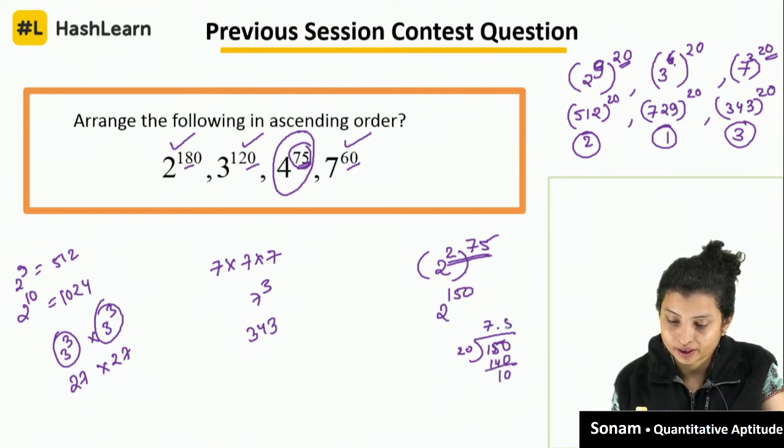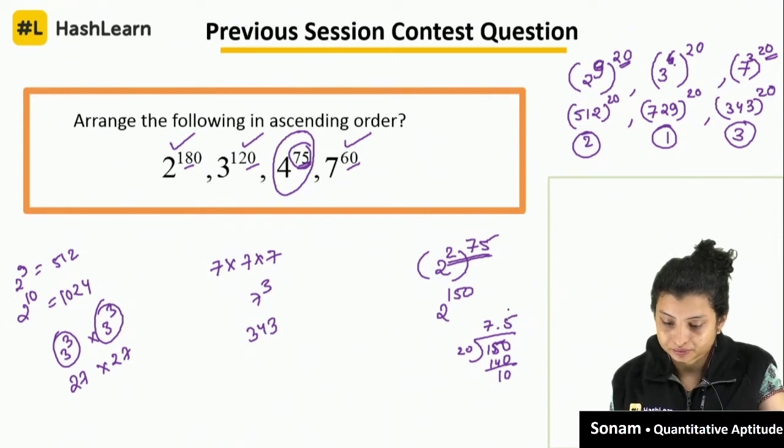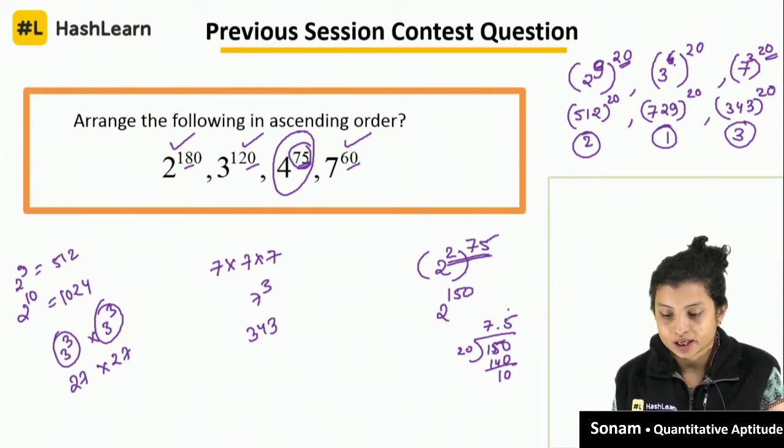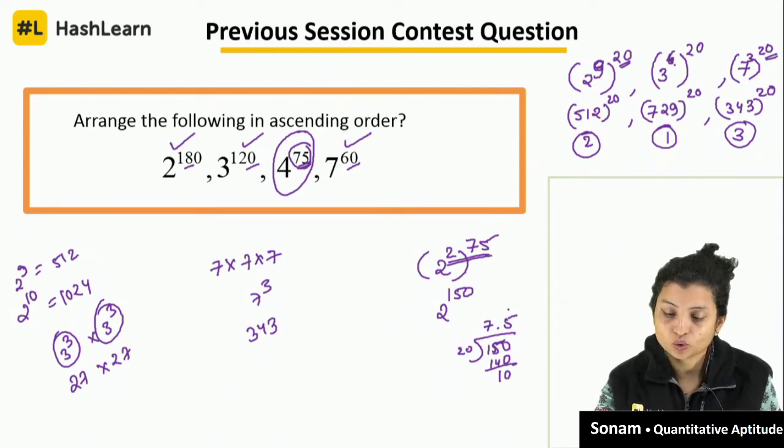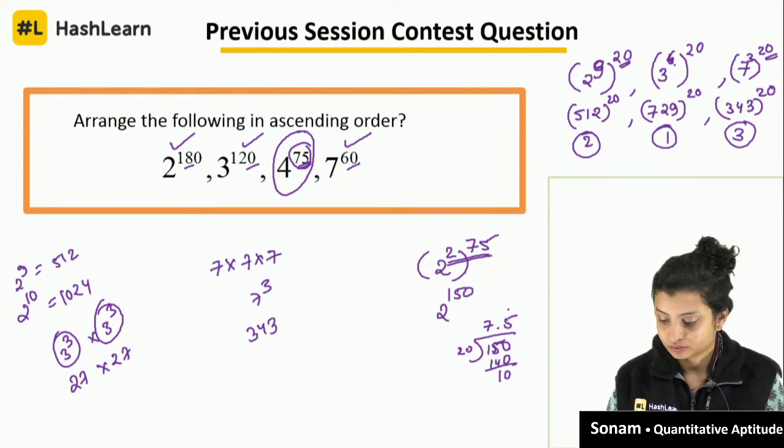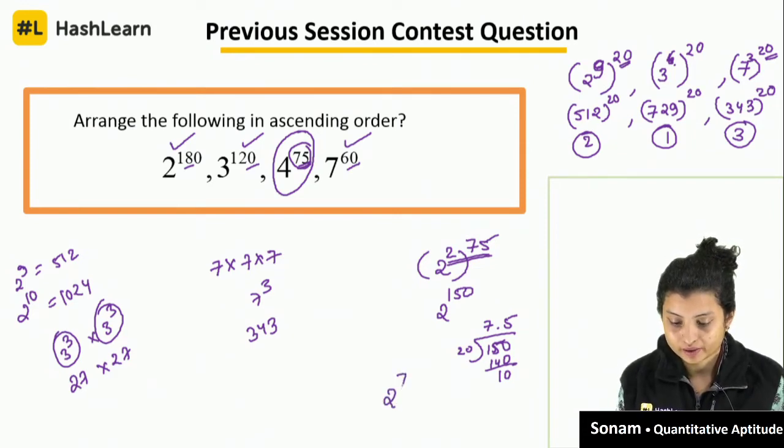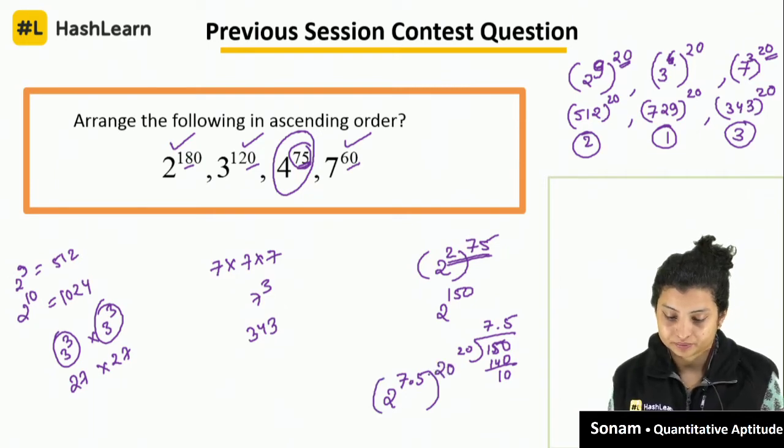And then 0.5, right? So I can write it as 2 power 7.5 into 20. So I will write it as 2 power 7.5 to the power 20.